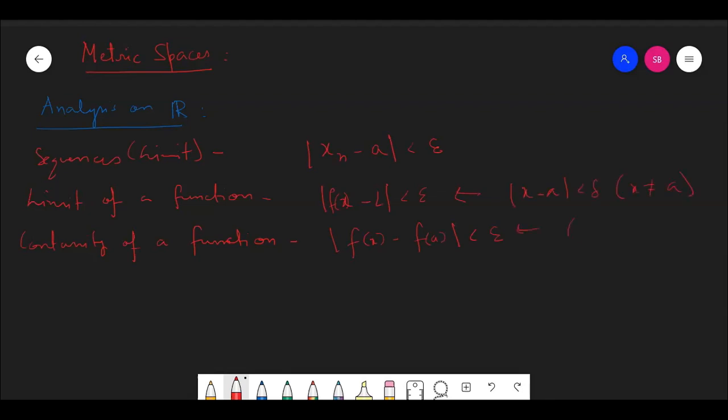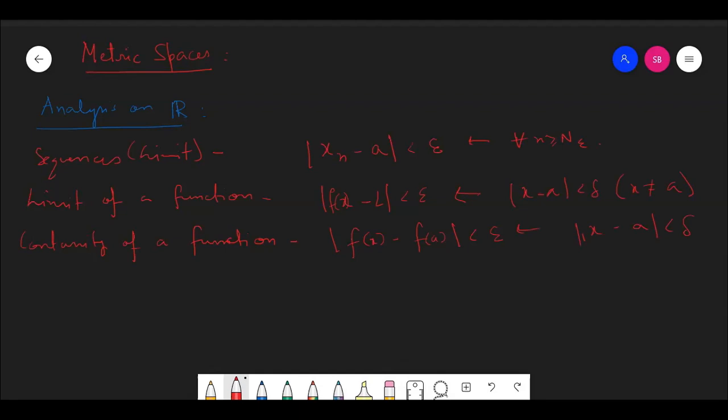Here we managed to get it by |x minus a| less than delta. And here we managed to get it after some finitely many terms. So this is in a nutshell what we do to define all these things.